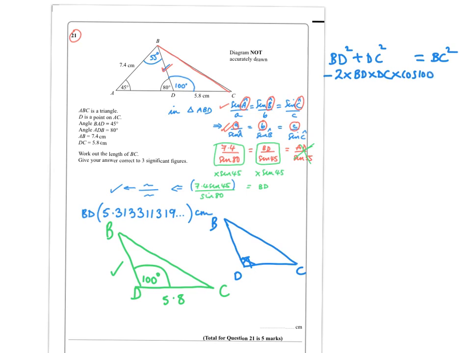Now that's for any triangle you want to use. You just pretend it's a right angle, so you definitely get these parts on the correct side of the equal sign, and then you always take away 2BD DC cos 100, or 2 times the length times the length times the cosine.